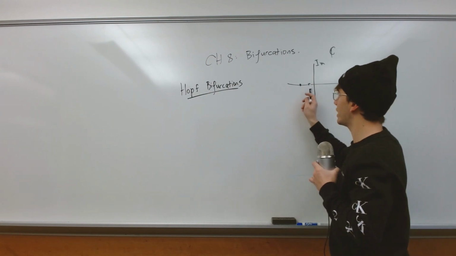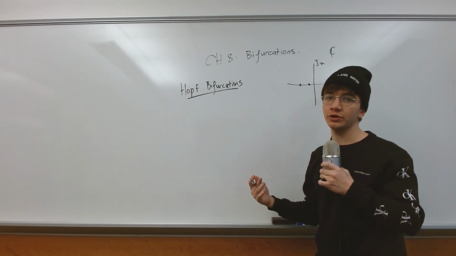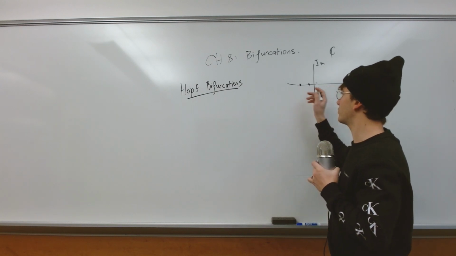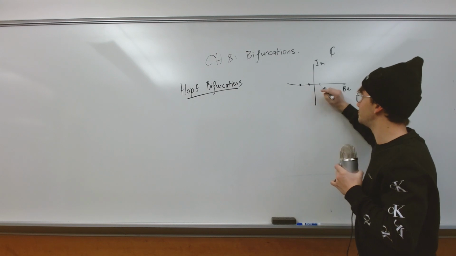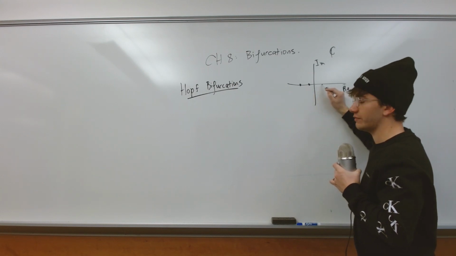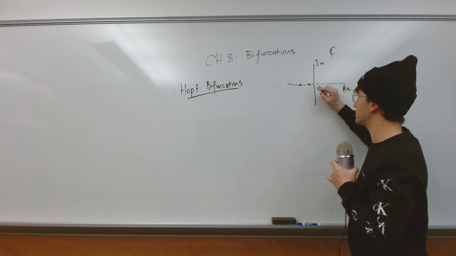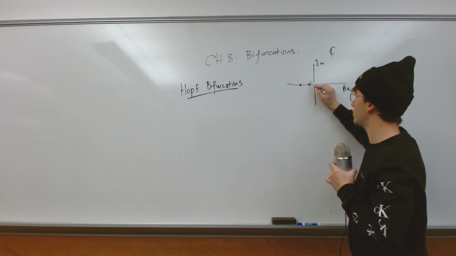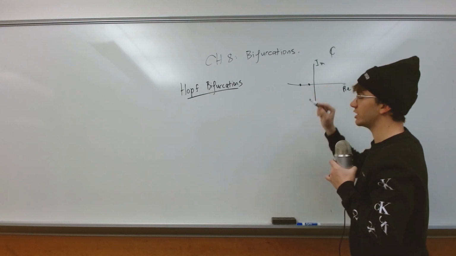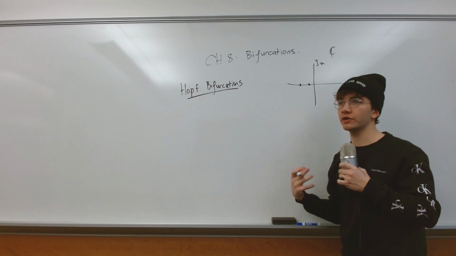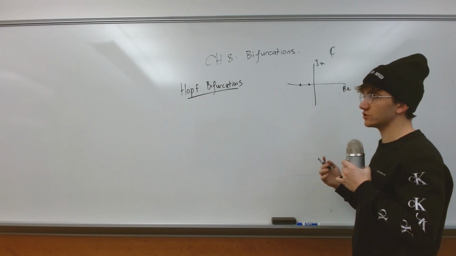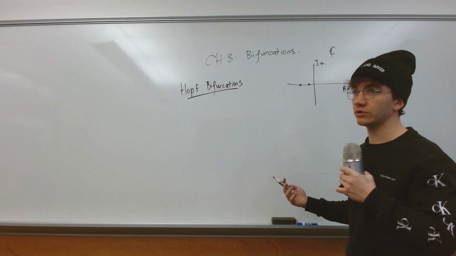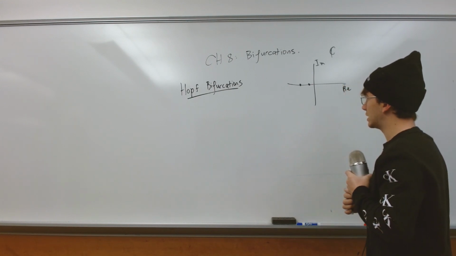Remember that if you have two negative real eigenvalues, you have a stable node, and if you have opposite sign eigenvalues, you have a saddle. So in all of these cases one of the eigenvalues is changing sign, but they're exclusively real.